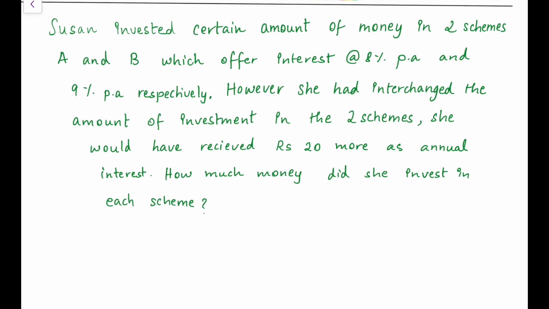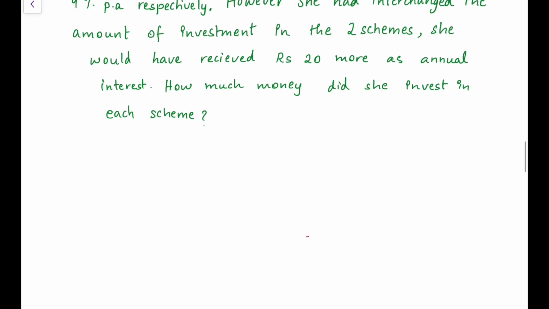Next question. Susan invested a certain amount of money in two schemes A and B, which offer interest at 8% per annum and 9% per annum. So here also we will draw the table.